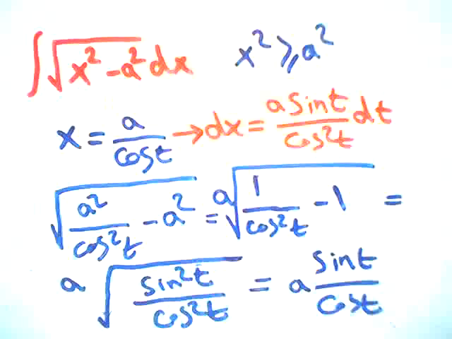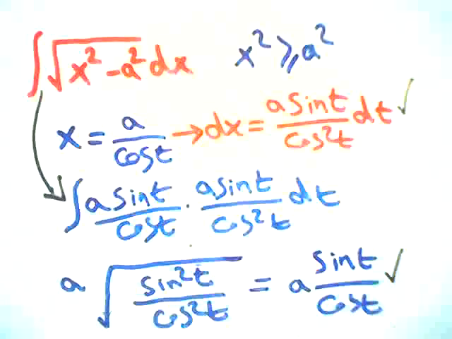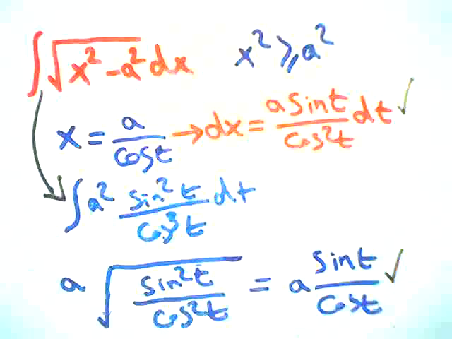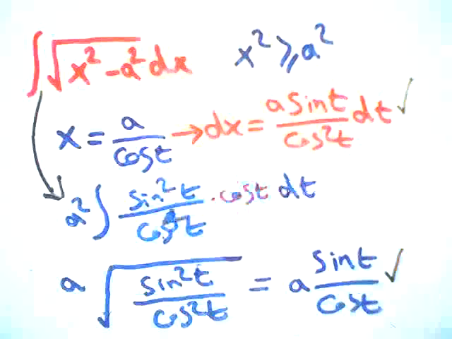and this integral would be equal to, now to solve it, one way is multiplying the numerator and the denominator by cosine of t, and writing cosine to the 4 as cosine squared squared.